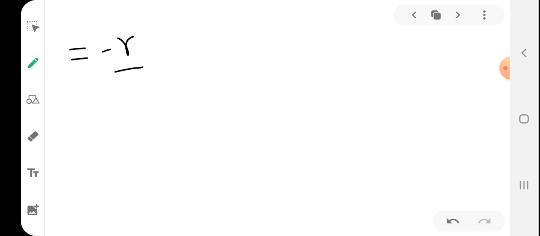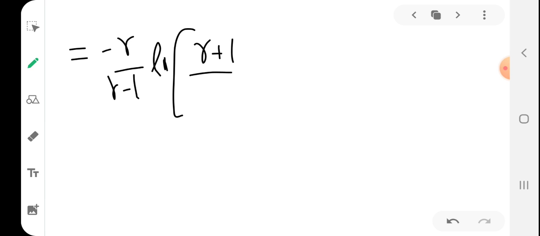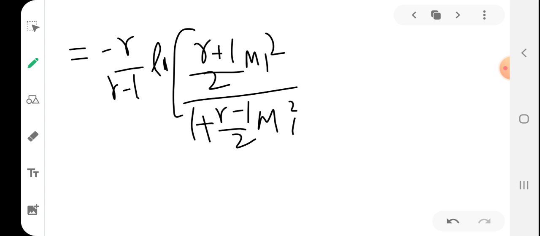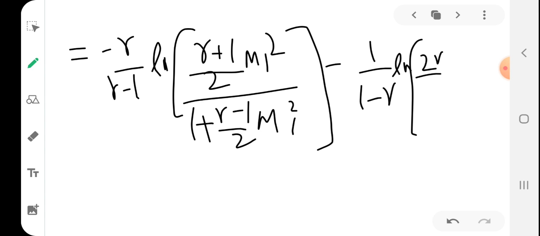So you could write gamma by gamma minus 1 log of M1 square by 1 plus gamma minus 1 by 2 M1 square, and minus 1 by 1 minus gamma log of 2 gamma by gamma plus 1 M1 square minus gamma minus 1 by gamma plus 1.